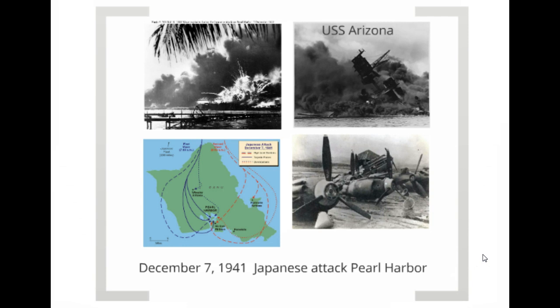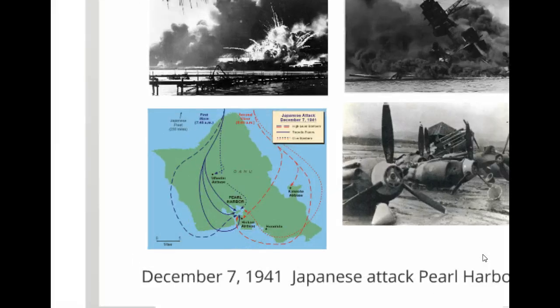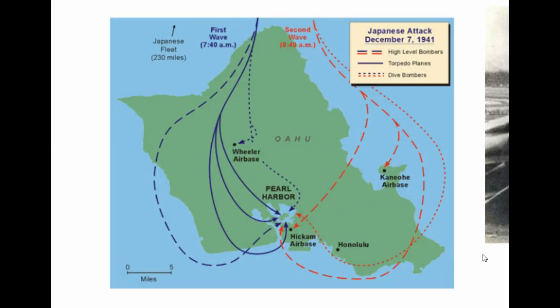So they launch a surprise attack on our Navy in Pearl Harbor, Hawaii, December 7th, 1941. You can see the pictures here. Let's go closer to the map. We see Pearl Harbor, the southern end of Oahu, along with several air bases.